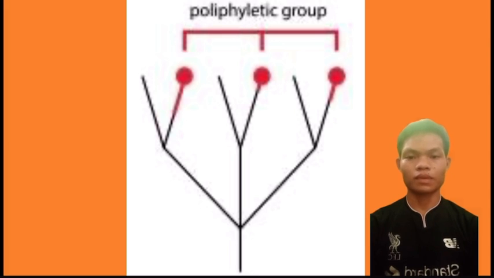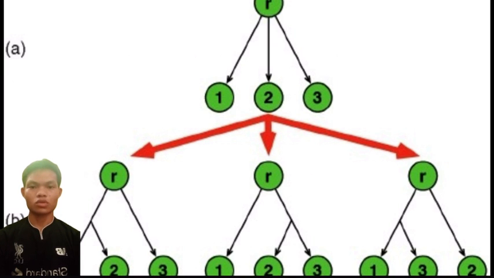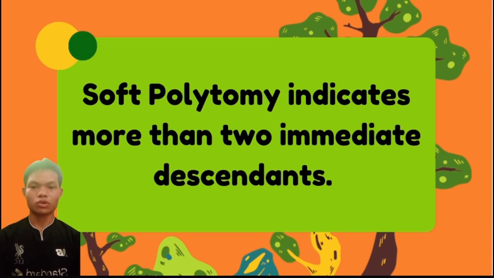polyphyletic group. The second image shows polytomy, which happens when one ancestor produces more than two direct descendants at the same time.